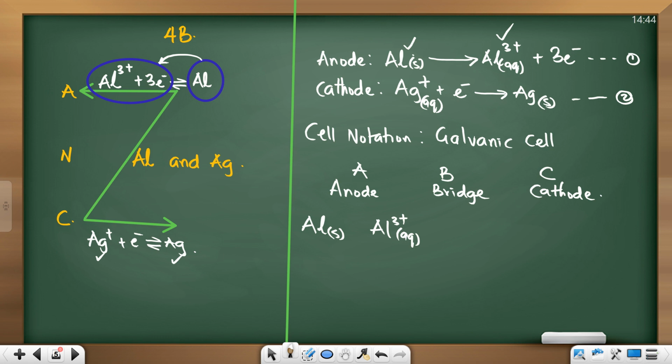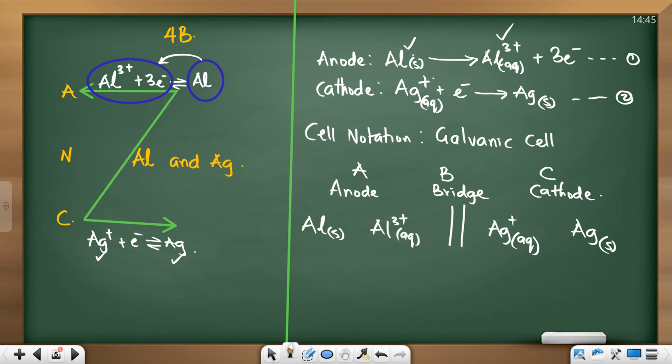How do I represent the salt bridge? A double line. Then I go to my cathode. What do I have at the cathode? Ag. Guys, do you see that everything rests on you identifying what is oxidized and what is reduced? And then what do I have? Ag, solid. Something is wrong with my write-up though.